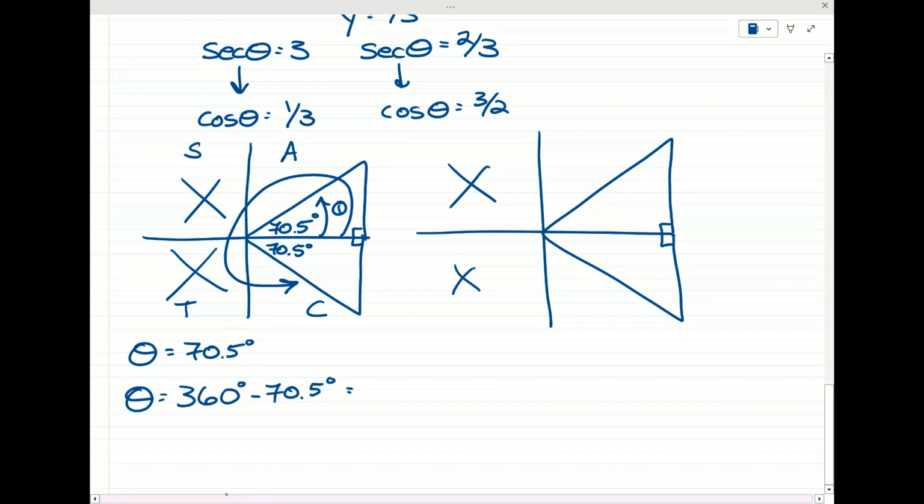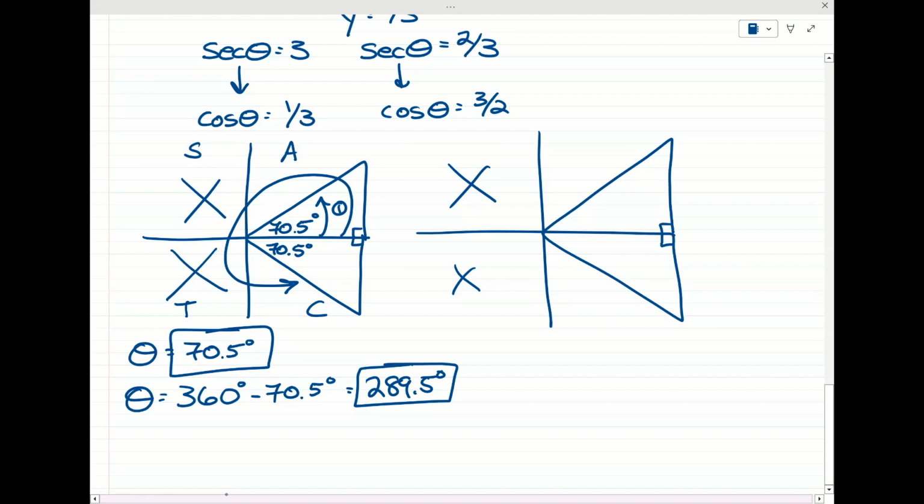And 360 minus 70.5 gives us 289.5. Those are the answers that we'd get from one angle gives us a cosine of 1/3. You could always take inverse cosine if you don't think that you can use a special triangle for that.